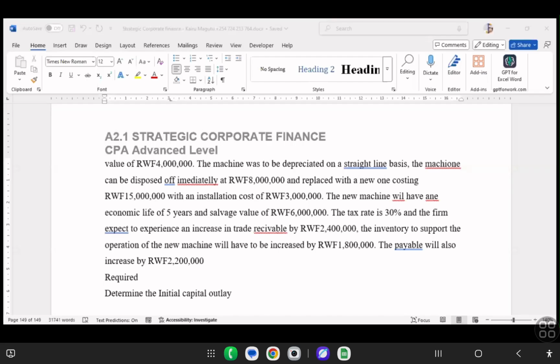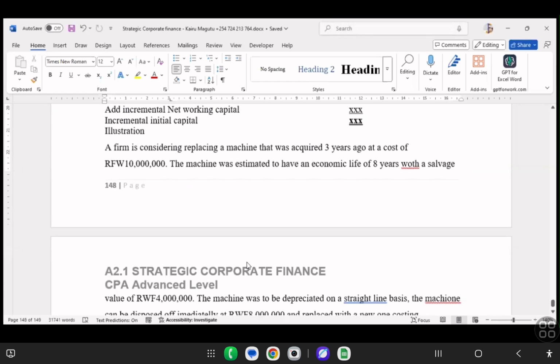Okay, let us get to that. I see people asking some questions; I will address them. We are told, from where the question starts, in the illustration: a farm is considering replacing a machine that was acquired 3 years ago at a cost of Rwandan francs 10 million.